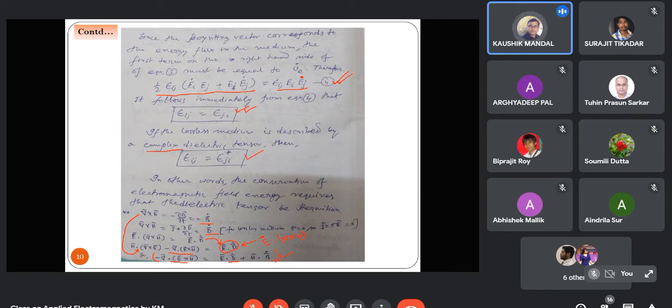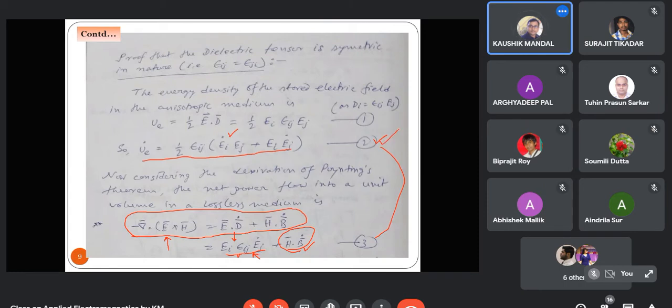By comparing equation number 2 with 3, we have only considered the stored electric energy, not the stored magnetic energy. So this stored electric energy of equation number 2 must be equal to the stored electric energy of equation number 3 that has been written in equation number 4.